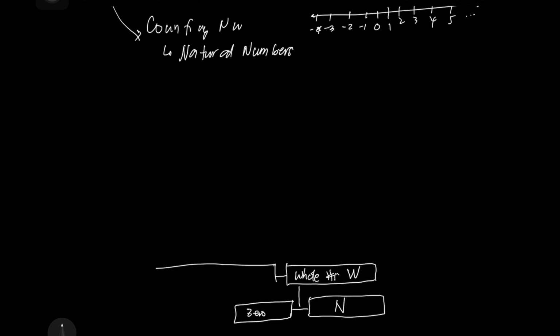If we take these negative numbers and the whole numbers, the result would be the integers, denoted by capital Z. That's why the negative numbers are also called negative integers.